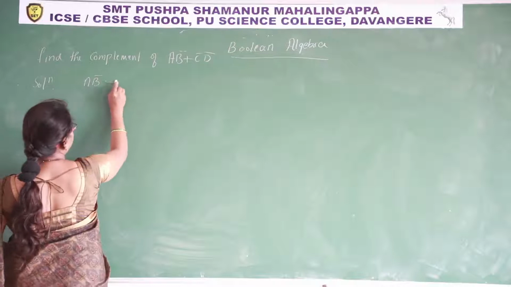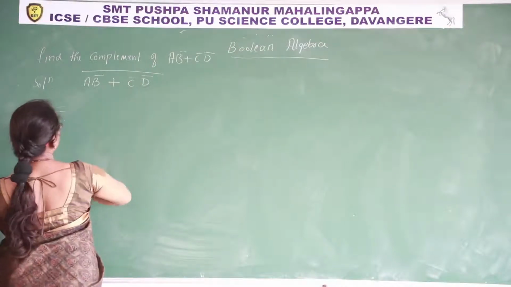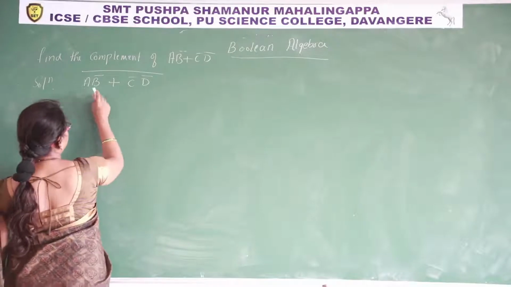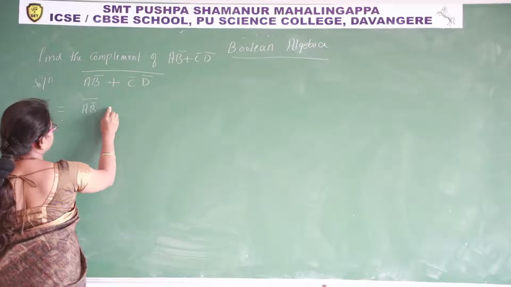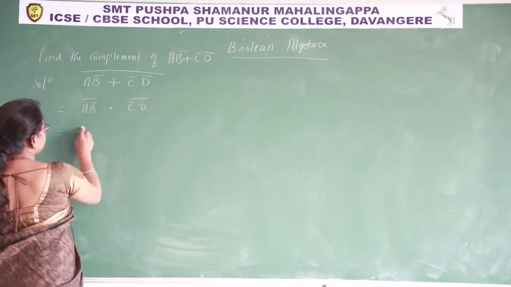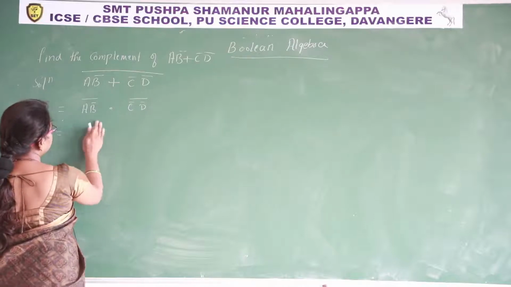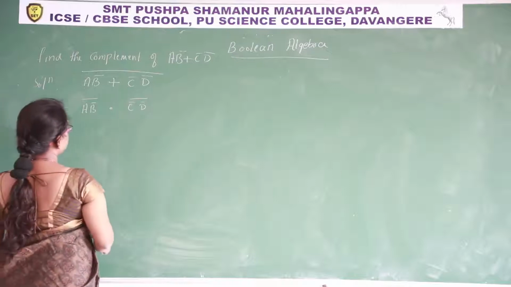AB bar plus C bar D bar whole bar. Now, according to De Morgan's law, AB bar whole bar into C bar D bar whole bar is equal to A bar plus, again A dot B whole bar, it is De Morgan's second theorem.